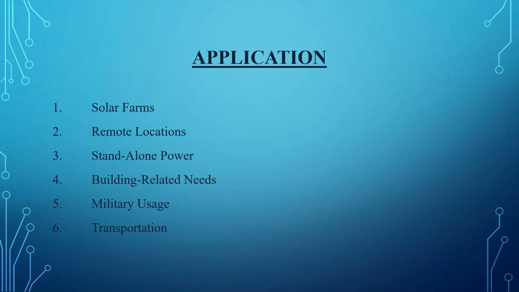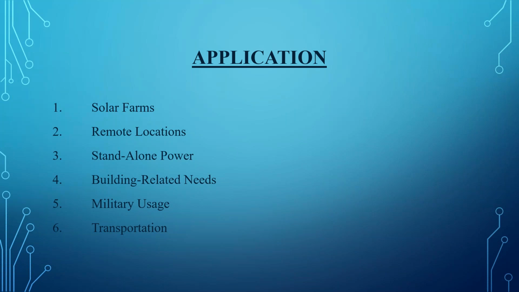These are large systems using fixed or sun-tracking panels that feed power into municipal or regional grids. Second one, remote locations. It is not always cost effective, convenient, or even possible to extend power lines to locations where electricity is needed. PV can be the solution for rural homes, villages, developing nations, lighthouses, etc.